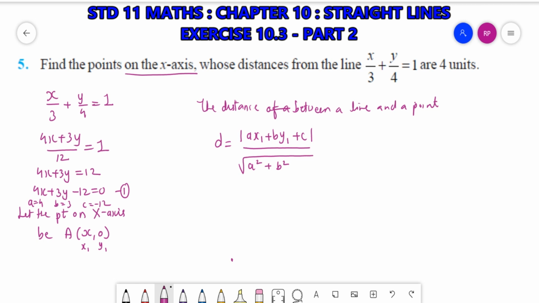Clear? So what is a? That is 4. x1, that is x. b and y1 is 0, so it will be 0. And c is -12, so it will be -12.